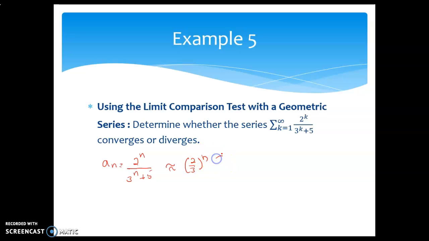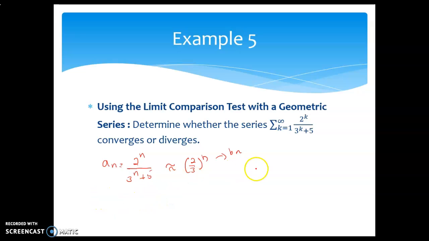So let's choose this to be our b sub n, because the problem prompts us to come up with some sort of geometric series. This is a geometric series with r less than 1, which means that it's going to converge.